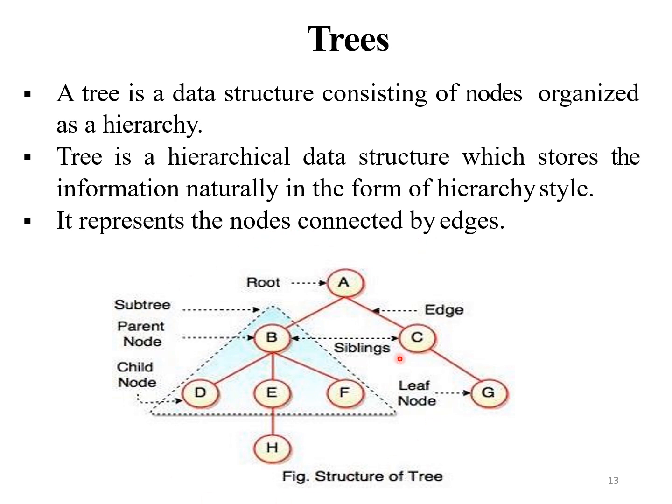Here in this figure, all nodes contain information: A, B, C, D, E, F. These are called nodes. The first node is called the root node, that is A, then B and C are called parent nodes, and then D, E, F, G are called child nodes. The last nodes are called leaf nodes.